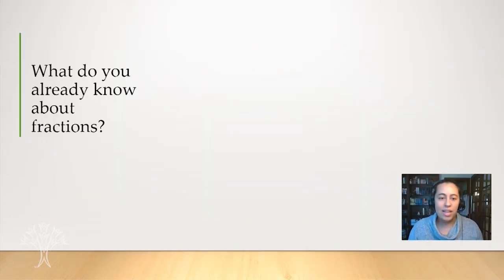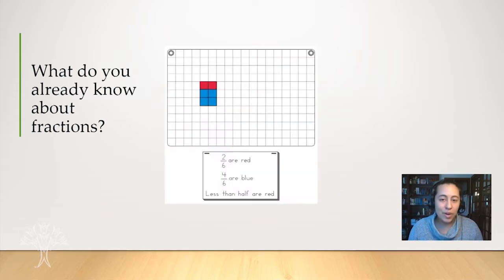Take a moment to think. What do you already know about fractions? You may remember that we've talked a little bit about fractions in Number Corner earlier this year. In January, our calendar collector was pulling out tiles to match the day of the month and then deciding whether the collection was more, less than, or exactly half red.